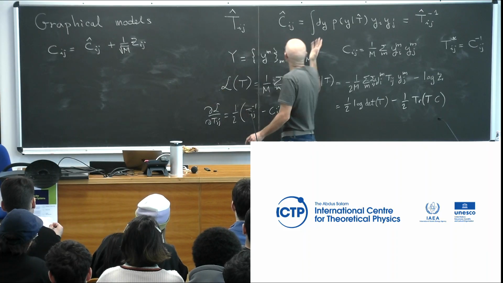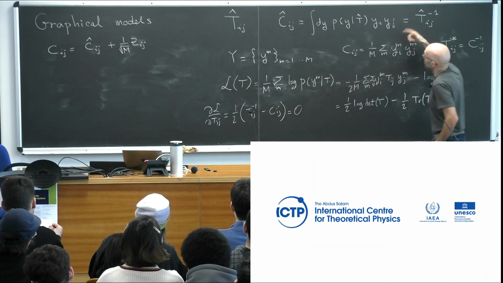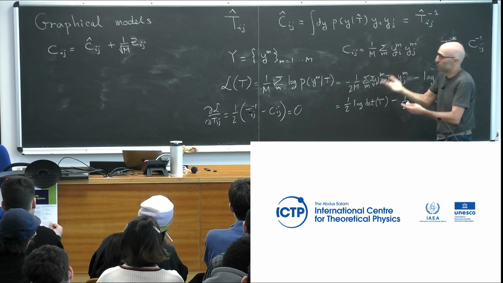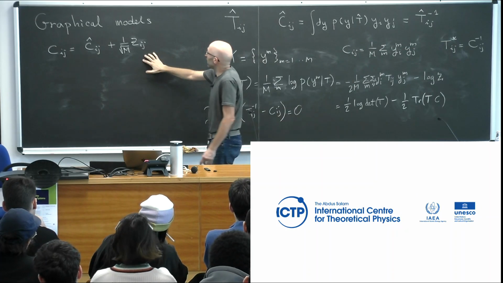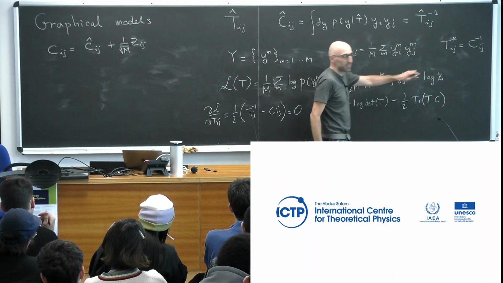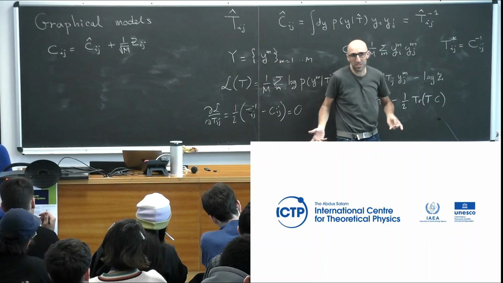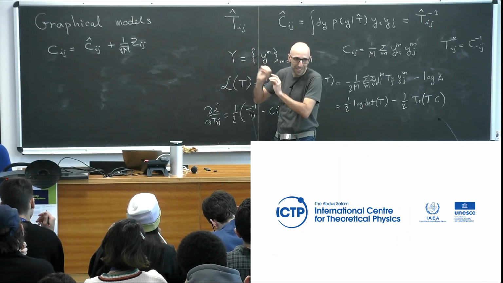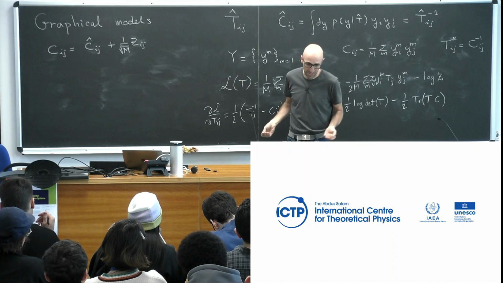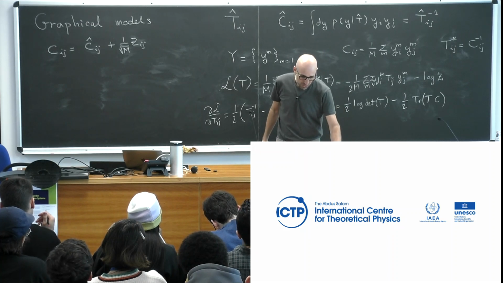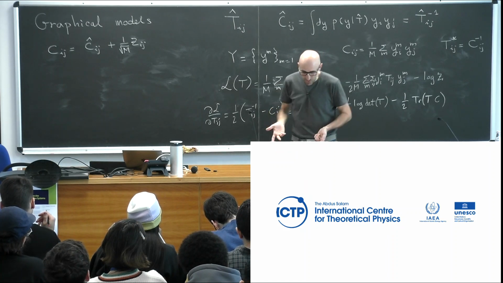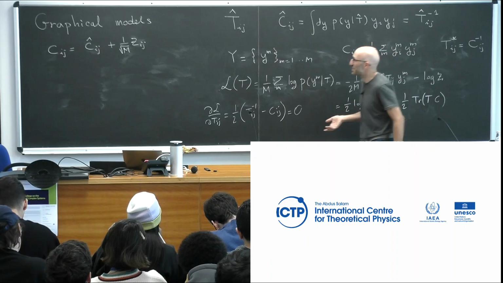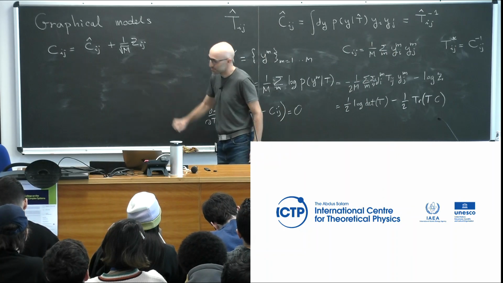So when you invert your matrix, because of this noise, you are going to get a dense matrix T star, and it's not clear that you can decide where are the real interactions and where is the noise. Okay, so we would like to understand if we can clean up a little bit this noise.